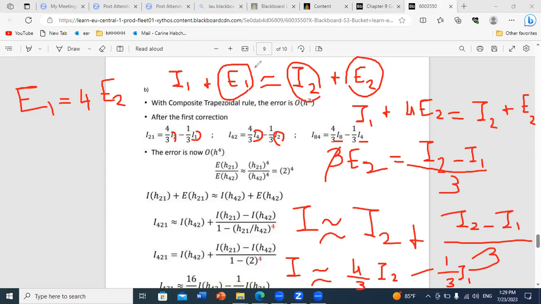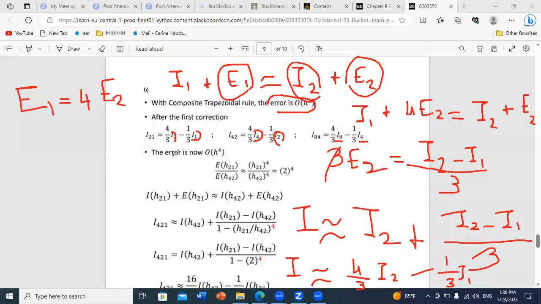Okay. So for the first correction, the error for the composite trapezoidal rule is proportional to h squared, as we have seen in its expression. Now, what is more challenging is to do the other corrections, because each time we do a Richardson extrapolation, we gain 2 orders of accuracy.